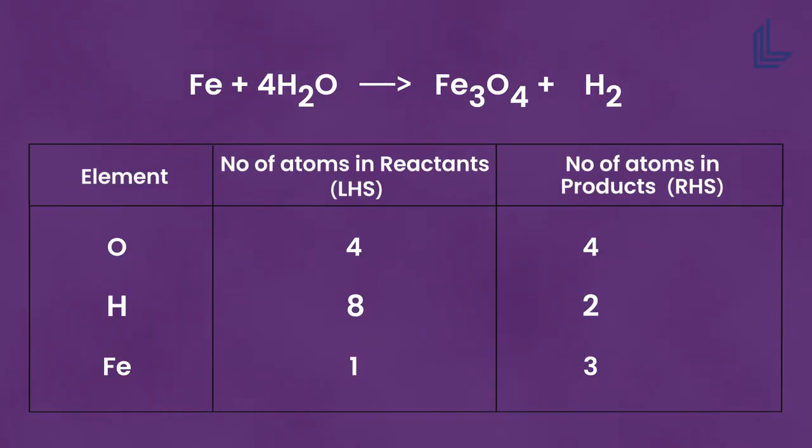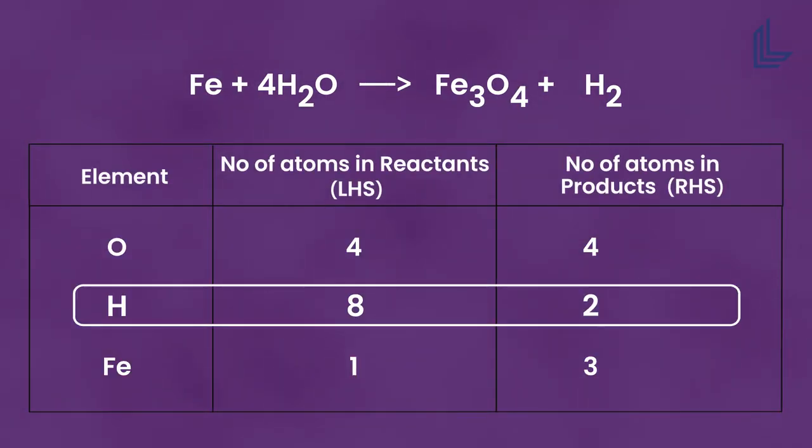Right now, on the reactant side, we have 8 atoms of hydrogen, but on the product side, we have 2 atoms of hydrogen. Now as we did earlier, we need to balance this. We need to ensure that there are 8 atoms of hydrogen on the product side also. So what we'll do is write 4 next to hydrogen on the product side.